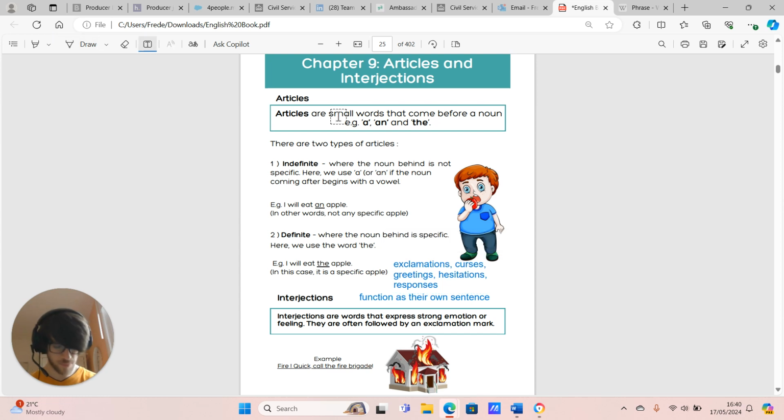Okay, so articles. These are small words that join with nouns to end up forming what we might call noun phrases, because it's more than one word. A phrase, we'll get to phrases, we'll talk about them more shortly, but the simplest way to explain the word phrase is more than one word, basically.